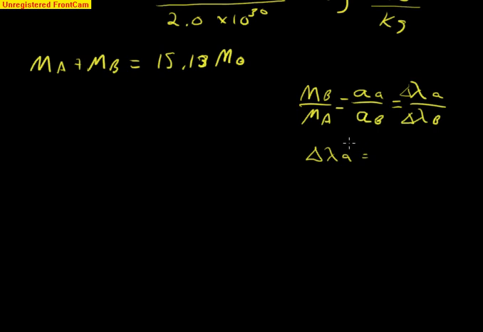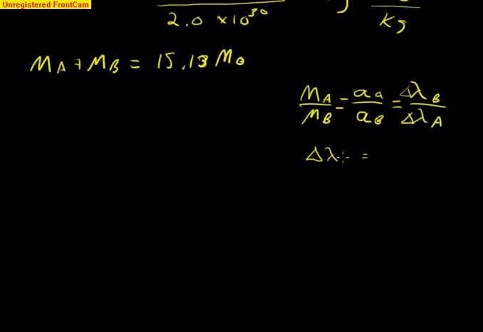Actually, I want to do this backwards. I want to do A over B, so I just switch these. I want the mass of A as a ratio to the mass of B. That gives me the change in lambda of star B to the change in lambda of star A, and you'll see why in just a second.